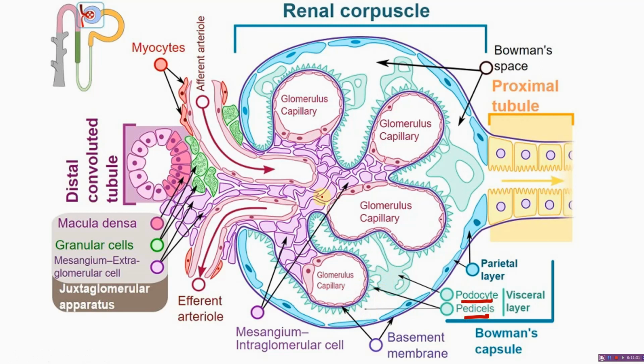And these violet color cells are the intraglomerular mesangial cells, and these cells, the extraglomerular mesangial cells, form part of the juxtaglomerular apparatus, which also includes the macula densa and the juxtaglomerular cells, which are near the afferent arteriole. We'll be coming back to that later. The Bowman's capsule continues into the proximal tubule and includes the glomerular capillary network.